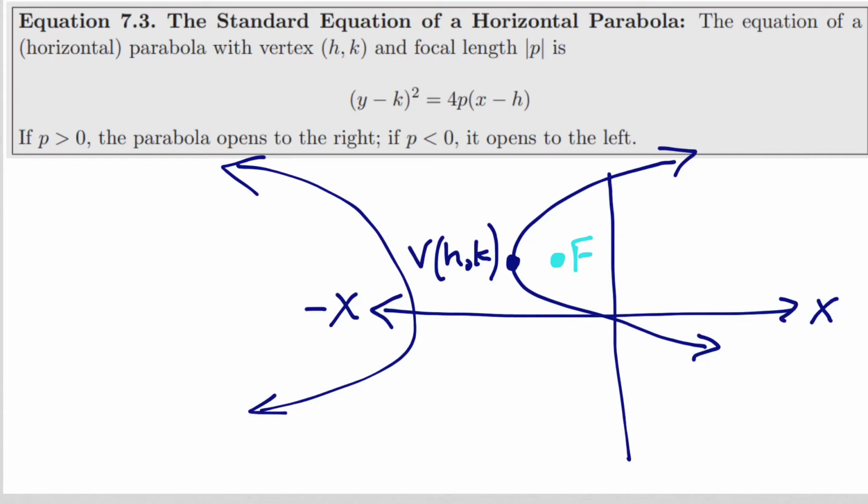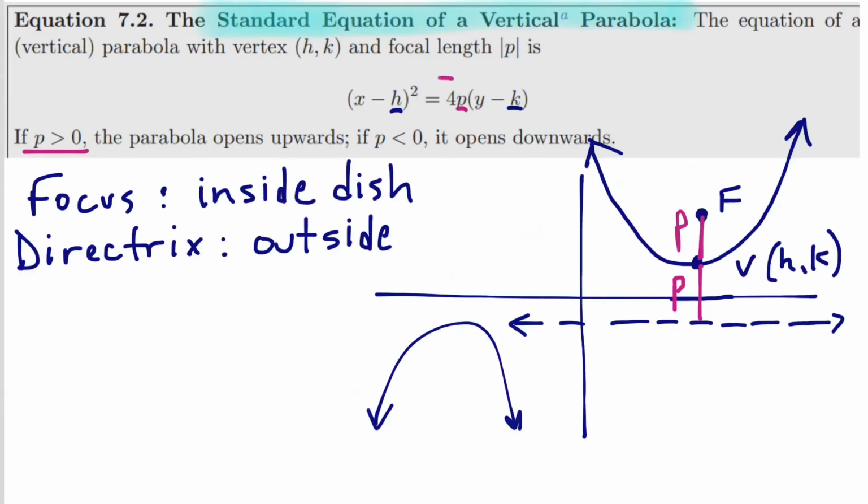So we still call the vertex HK, and in our standard equation for a sideways parabola, the H is still with the X and the K is still with the Y, except now the squared has moved over to the Y terms and not to the X terms. If we go back and look at the equation for the up-down parabola, the square is on the X and not on the Y. So that's the difference in the equation.